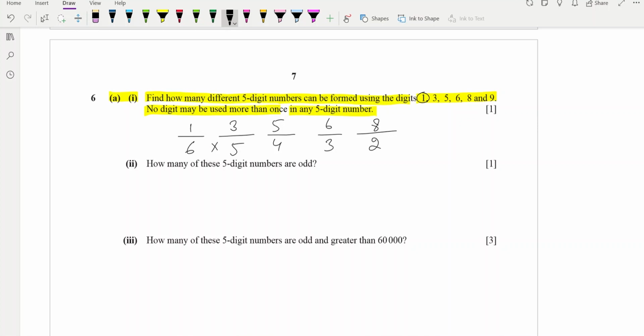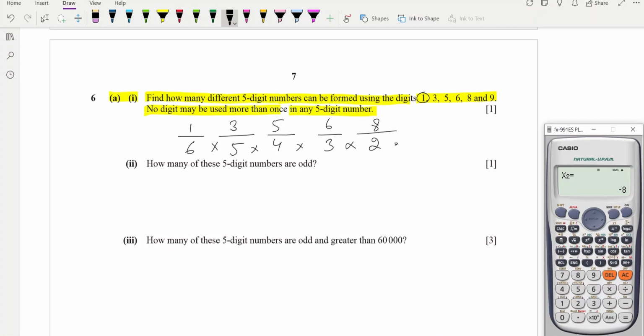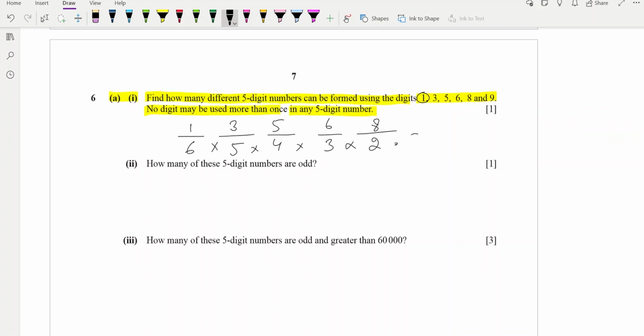So we can multiply these and we will get the answer. So 6 multiplied by 5 multiplied by 4 multiplied by 3 multiplied by 2 is 720. So 720 will be the answer.